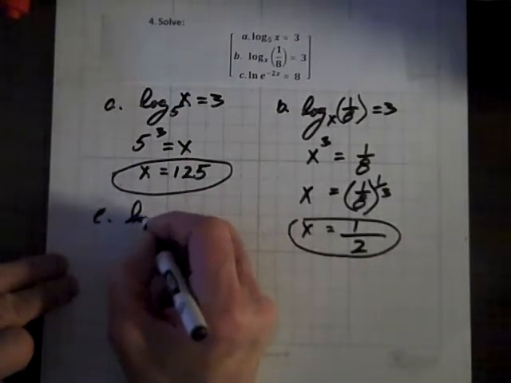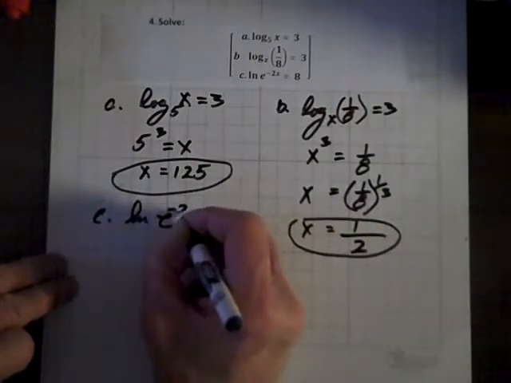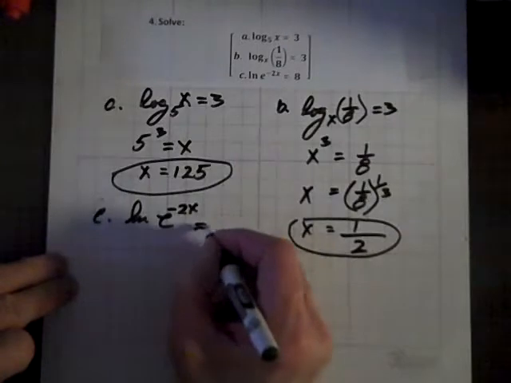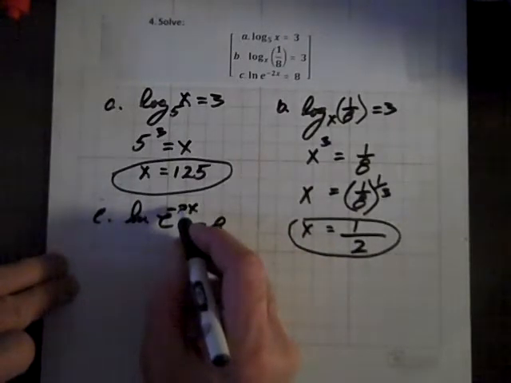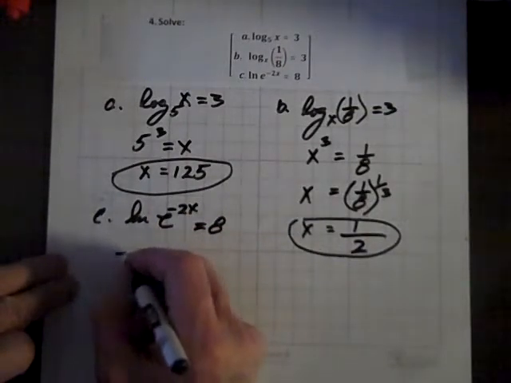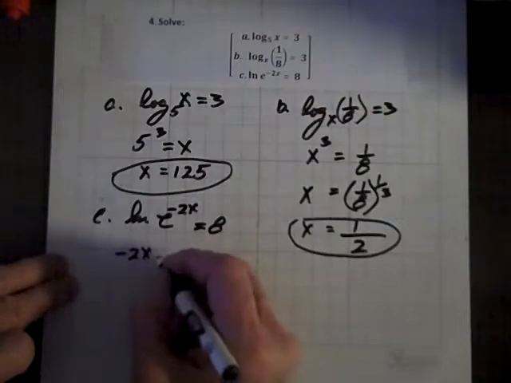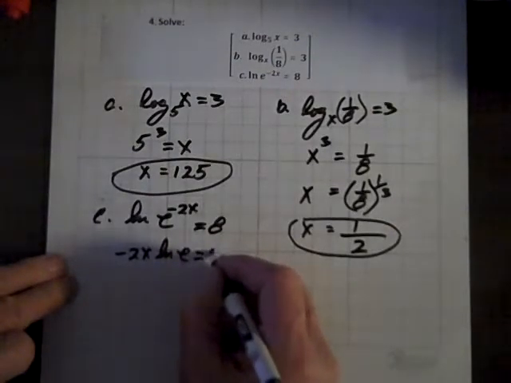For C, we have ln of e to the minus 2x equals 8. So by the law of logs, we can put this exponent out in front. So we have minus 2x ln of e equals 8.